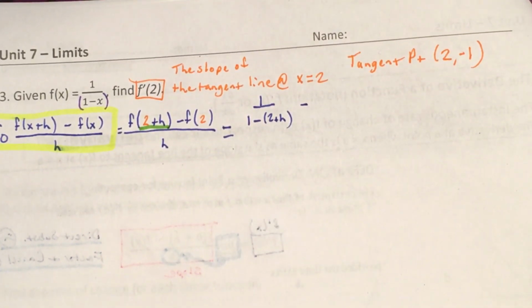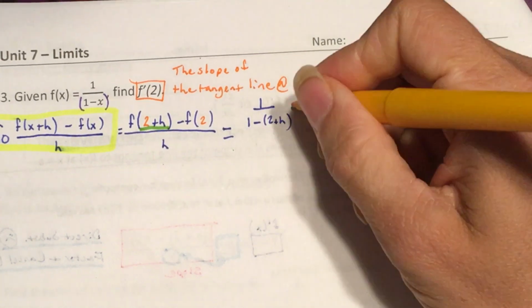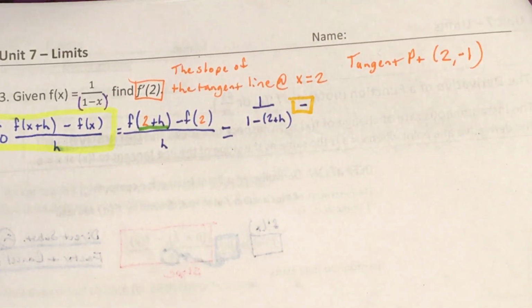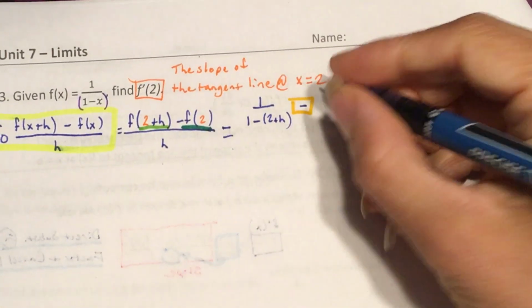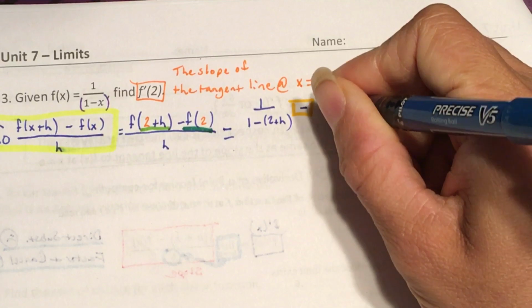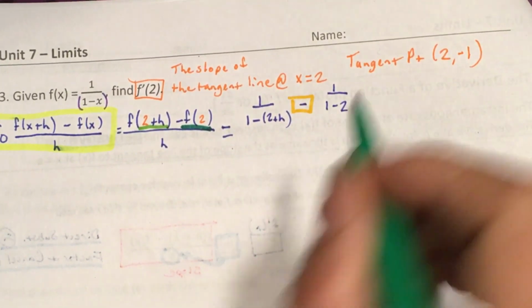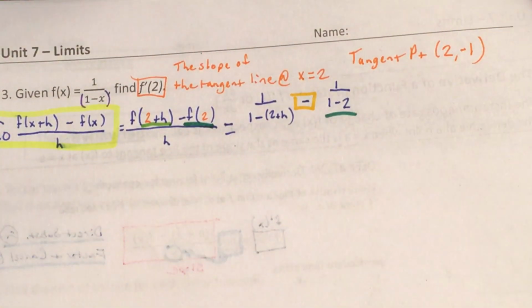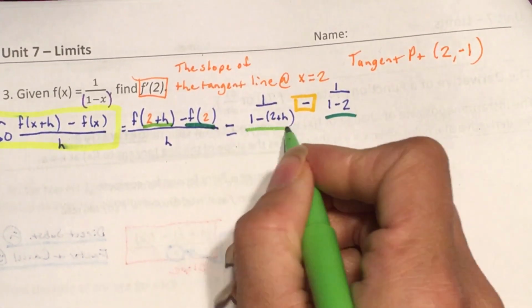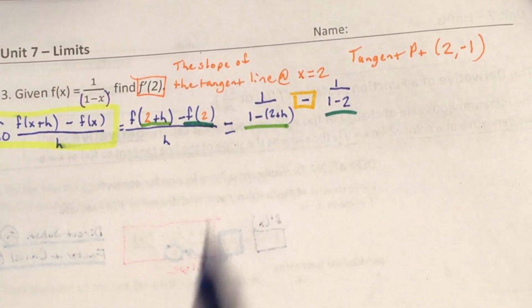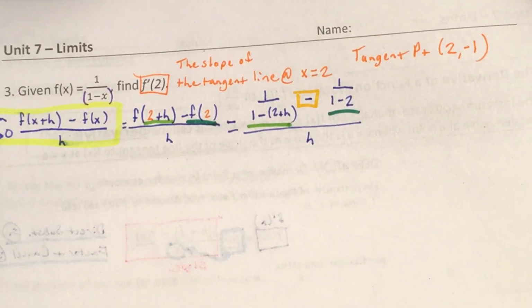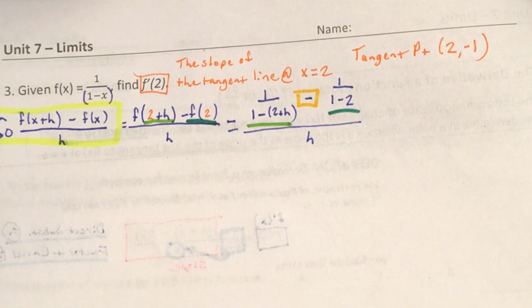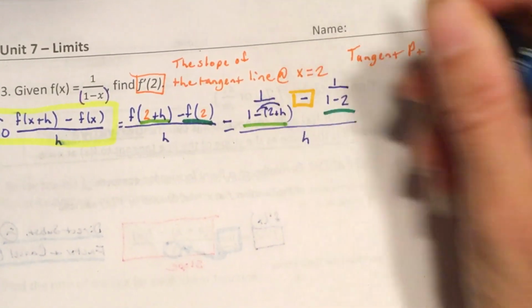Then we've got our minus, and now we want to find f of 2. So 1 over 1 minus 2. And this is all over h. So don't forget that h with every step of your work. All right, so in this next step, I'm just going to simplify the denominator of that first fraction by distributing that negative in.